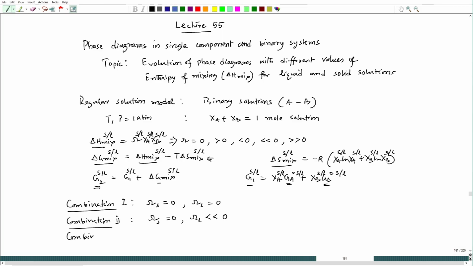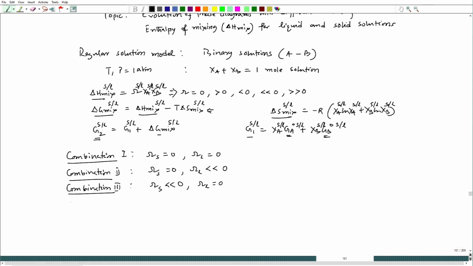Combination 3, omega solid could be highly negative, but omega L could be 0. And combination 4, we can have omega S could be positive, but omega L is highly negative.